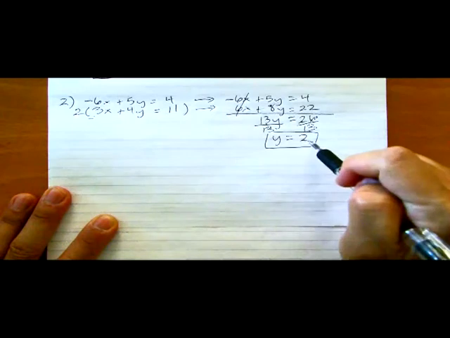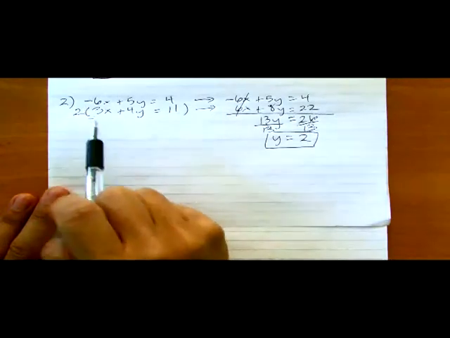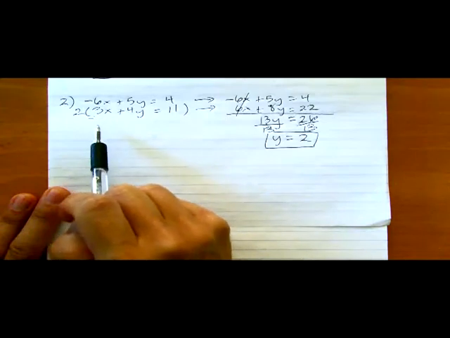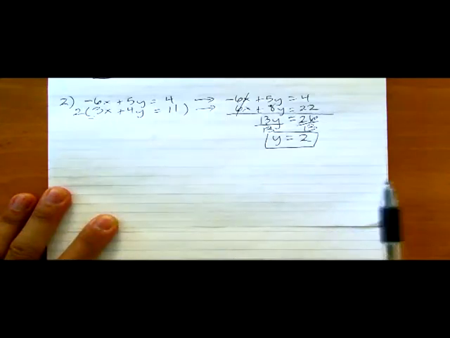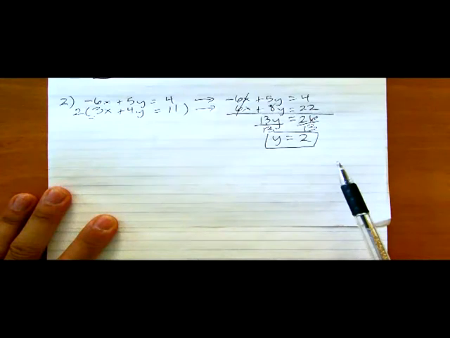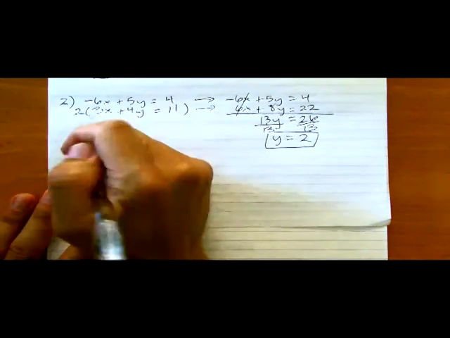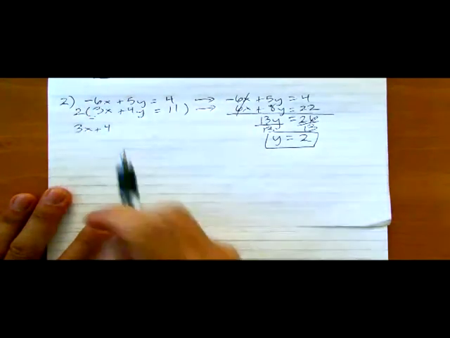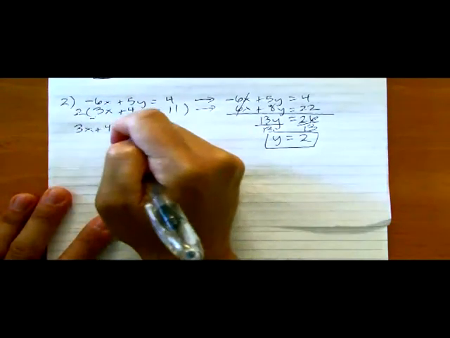Okay. Now that we know what y is, we can put it back into one of the original equations and solve for x. So I am going to take the second equation and replace y with 2. So 3x plus 4, and in place of y, I'm going to put the 2.